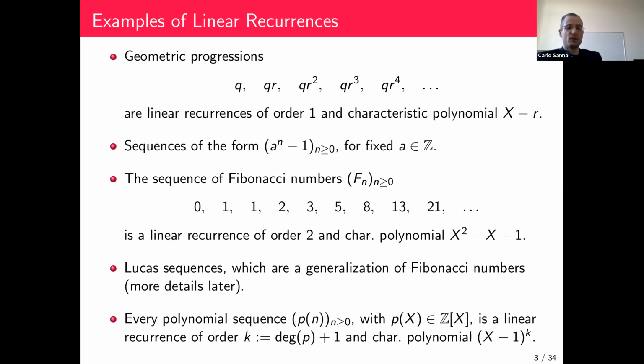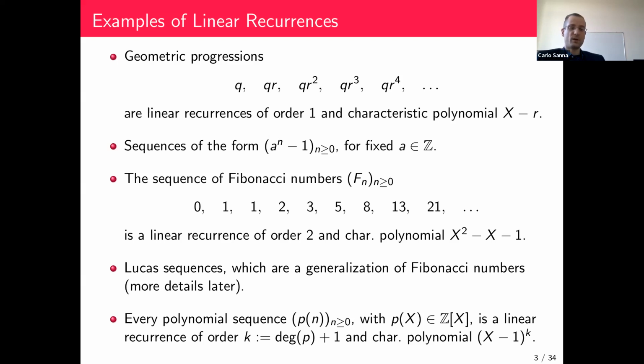I already said this, the sequence of Fibonacci numbers is a linear recurrence of order 2, because we sum the previous two terms, and the characteristic polynomial is x squared minus x minus 1. Then there is a generalization of Fibonacci numbers, which is that of Lucas sequences. And this is also a class of linear recurrences, but I will give more details later.